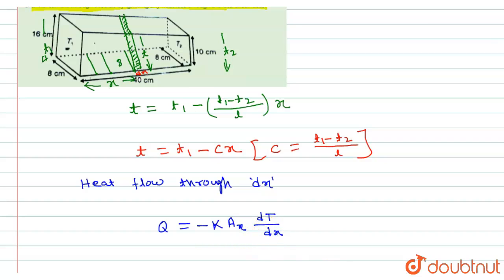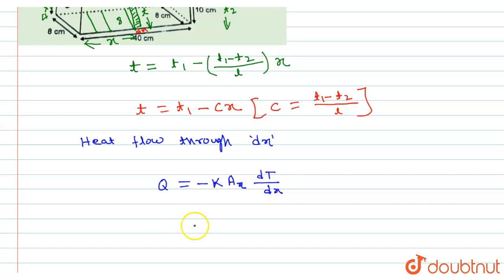Clear? Now from here we can write this is equal to minus K and Ax. This Ax is equal to B into t, and B is 8 and t is this. So Ax is equal to B into t, and t is T1 minus Cx we can write.